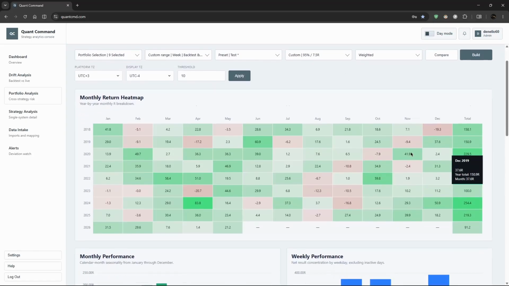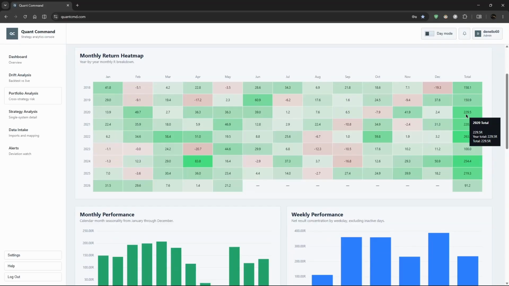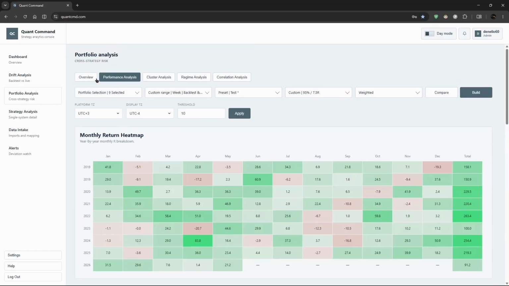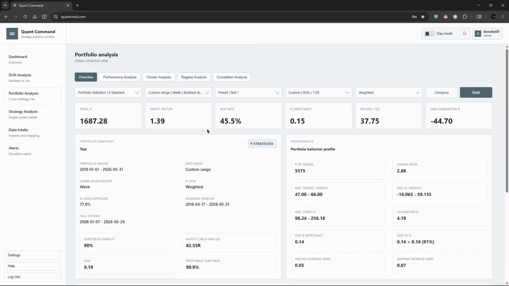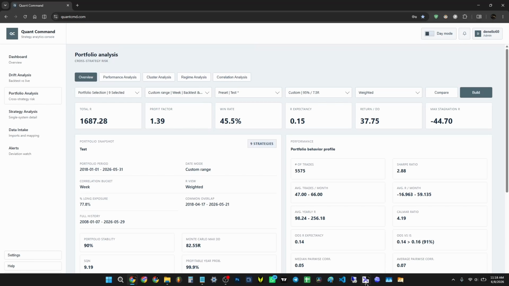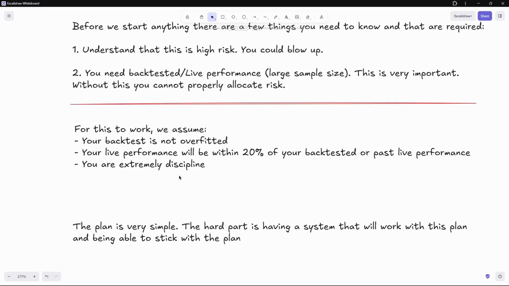Like here, for example, you can see 2020, this strategy made 229%, 2021, it made 227%, 263%, and so on. So we're going to assume that this backtested performance is going to be very similar to the live performance. And next, lastly, and most importantly, you are extremely disciplined.